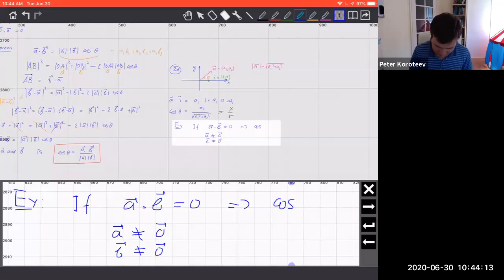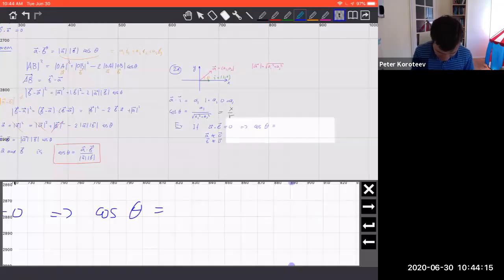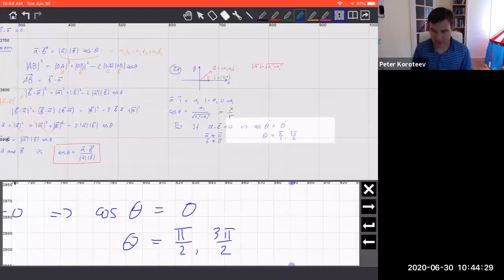Then cosine of theta is equal to 0. So that means theta is what? It's either pi half or 3 pi half. So in other words, the angle is either 90 degrees or minus 90, right?